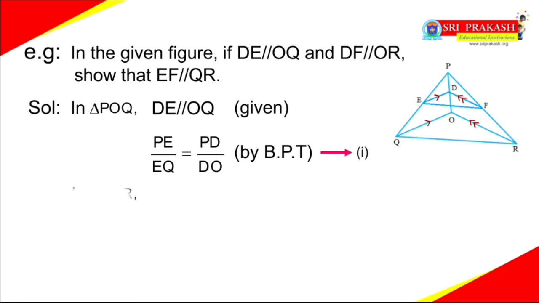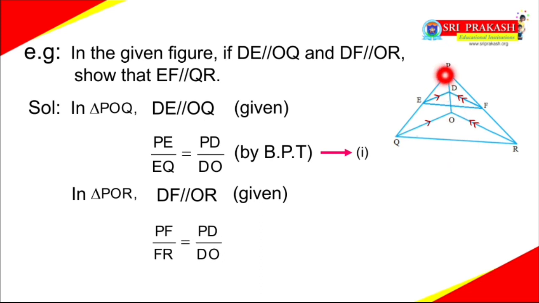Next, in triangle POR, DF is parallel to OR, which is given in the problem. We know that PF by FR is equal to PD by DO, again by BPT.